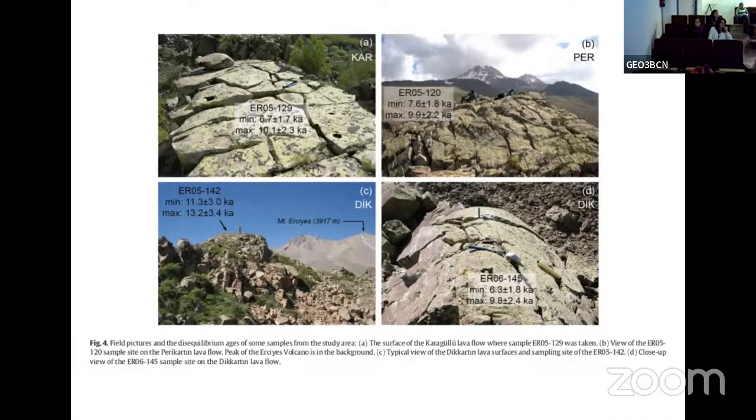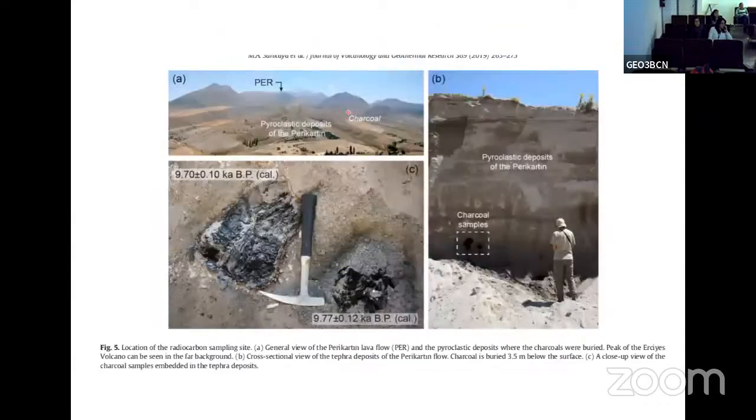The lava flows are between 8 and 10,000 years old, all of those different lava flows. So it means that you had a major activity 9 to 10,000 years ago in this area.